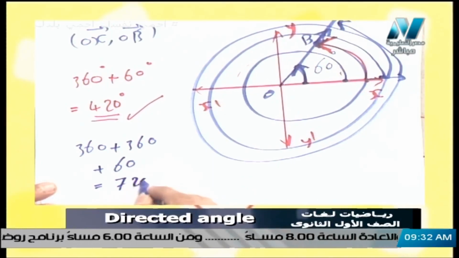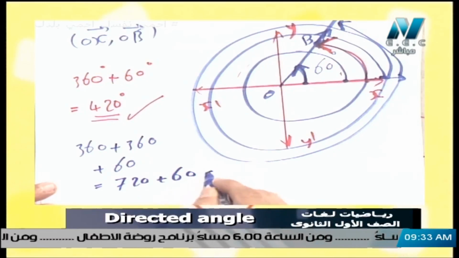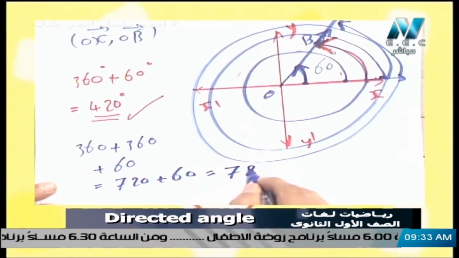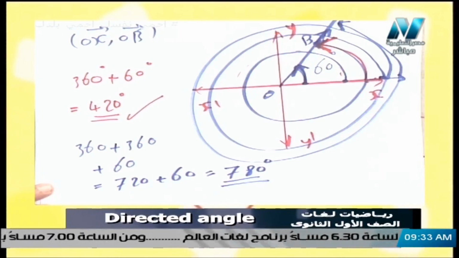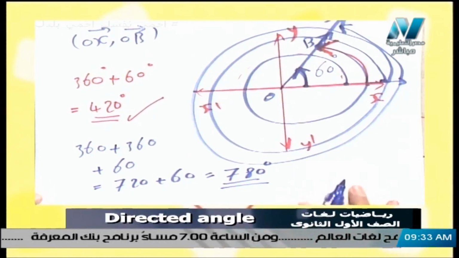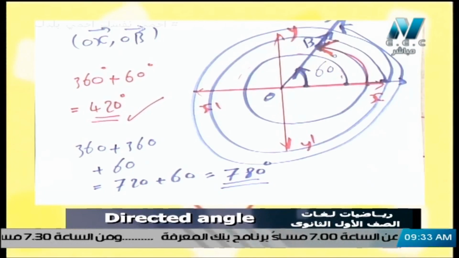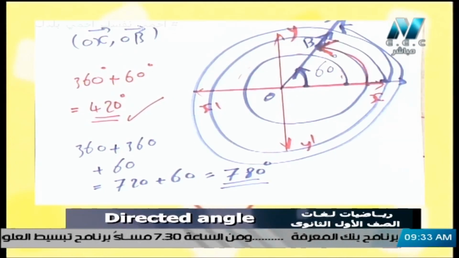So 720 plus 60 equals 780 degrees, and so this angle 780 is equivalent to 60 degrees. Okay, my dear students, let's take a little break and we will return again soon.